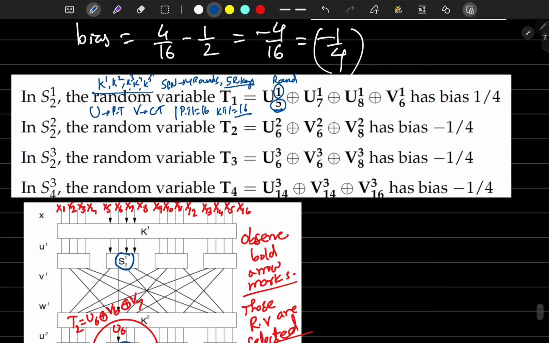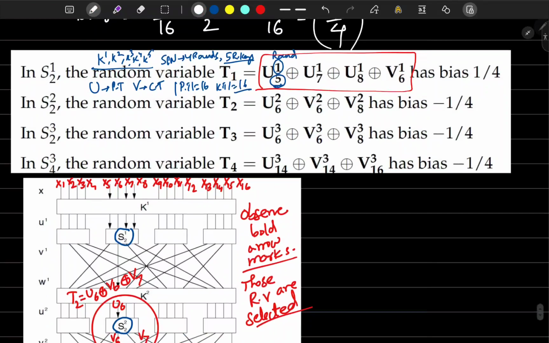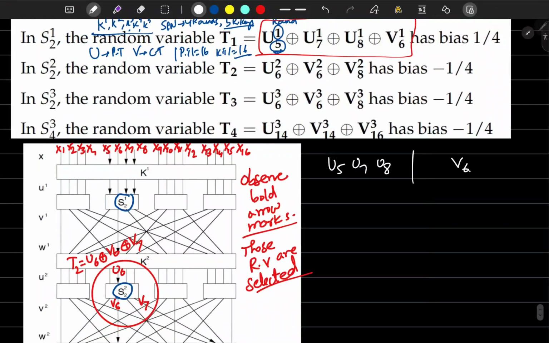Now my question is, see this random variable and please tell me the notation value. Generally random variables are represented by a tuple a comma b, where a and b are 2 hex digits. So how to find it? See u5, u7, u8 and v6 are there.